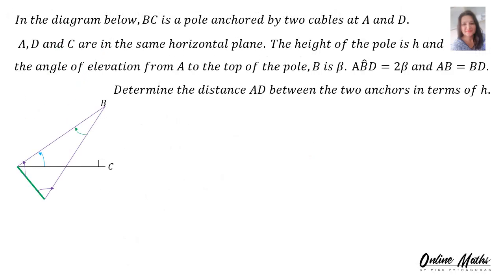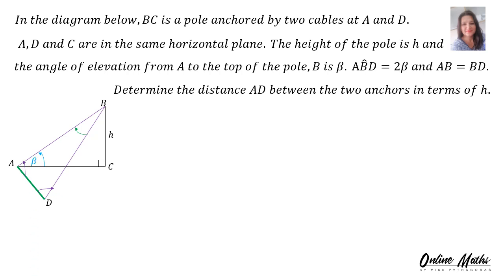In the diagram below, BC is a pole anchored by two cables at A and D. ADC are in the same horizontal plane. The height of the pole is h, and the angle of elevation from A to the top of the pole B is beta.